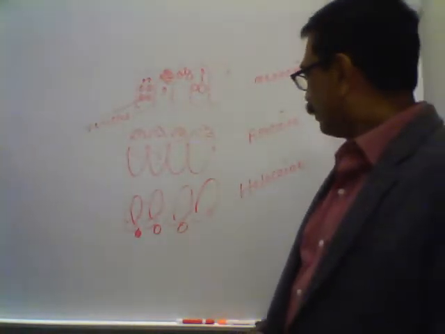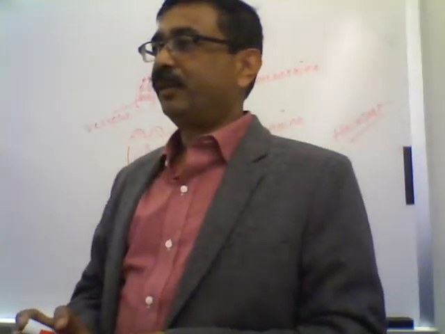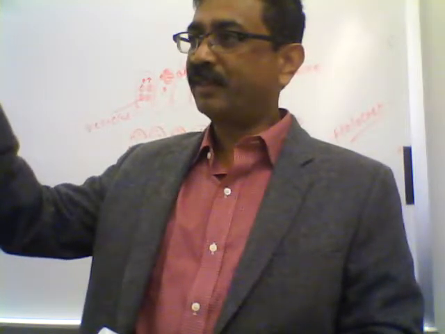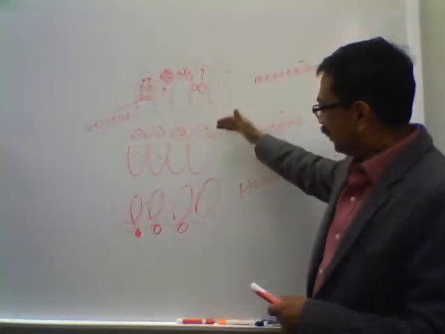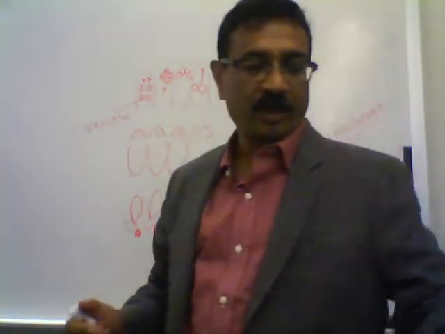So that is the holocrine type secretion. Your skin has 3 types of glands, 2 sweat glands and 1 type of sebaceous gland, and we see all these 3 types of secretions. So we'll talk about that now.